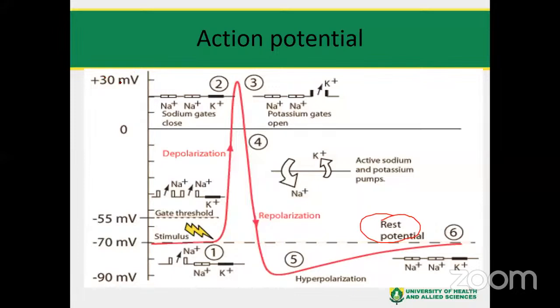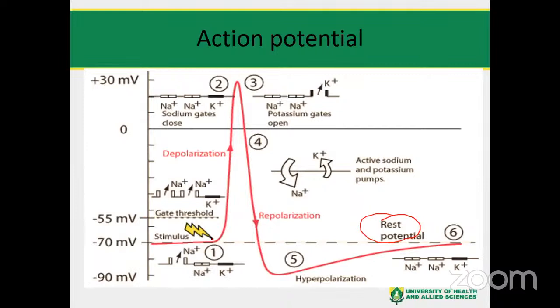At about plus 30, the voltage-gated sodium ion channels that opened will close like this. When they close, they can't drive the membrane potential any further, so it stops at that level.